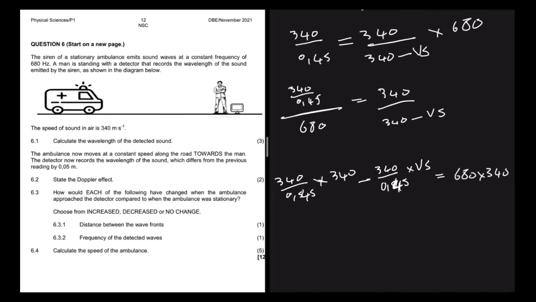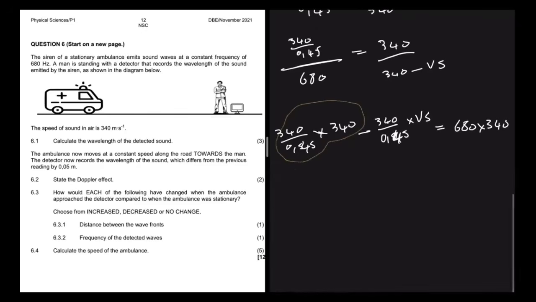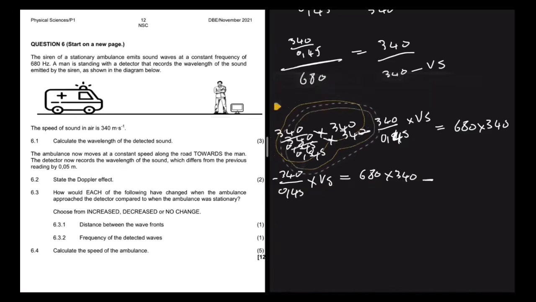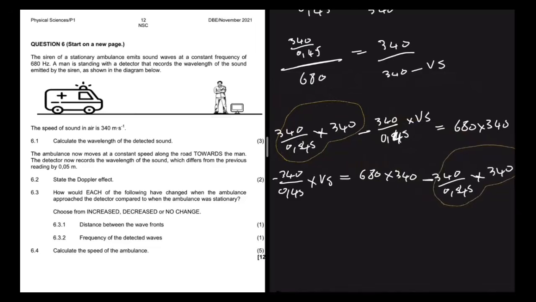So I can take this expression here to the right hand side. I'm gonna get minus 340 divided by 0.45 multiplied by velocity of source equals 680 multiplied by 340 minus our expression, right? So let me just copy and paste it. So minus this expression here, right?